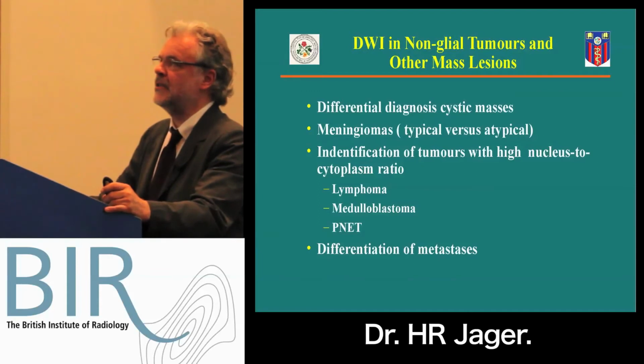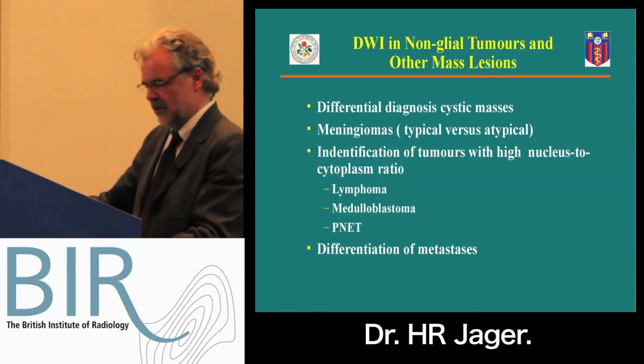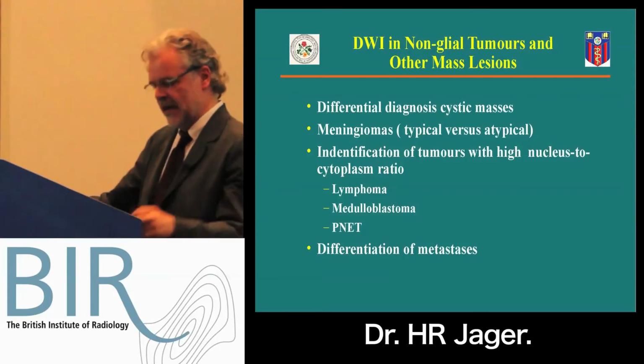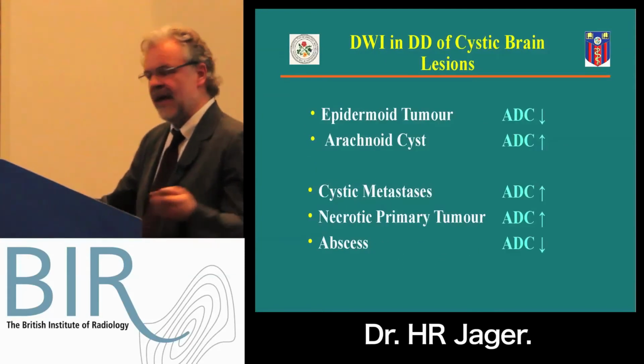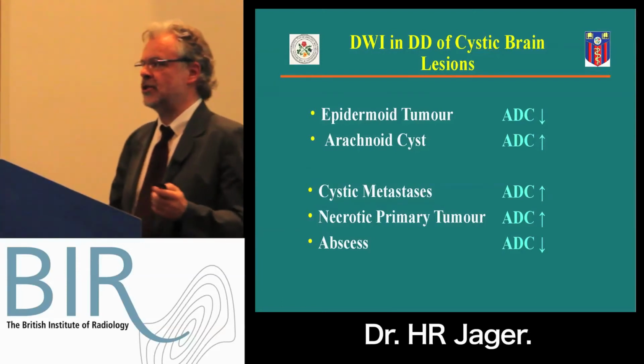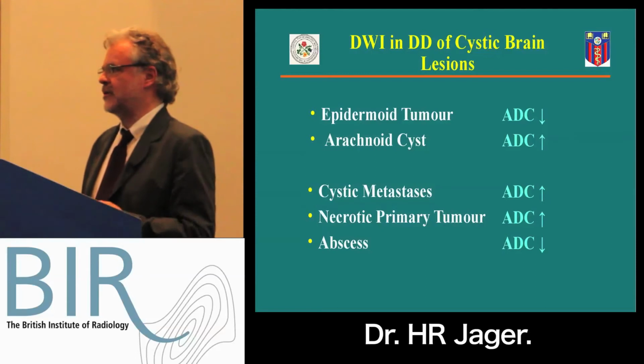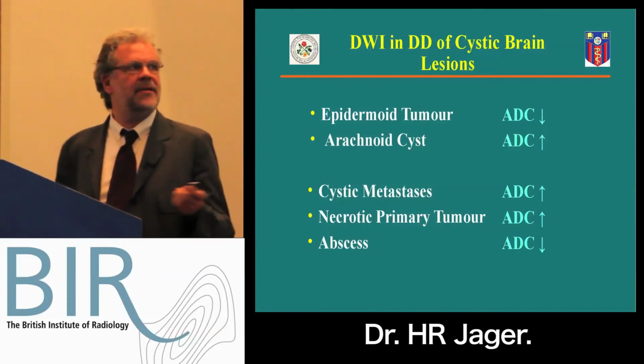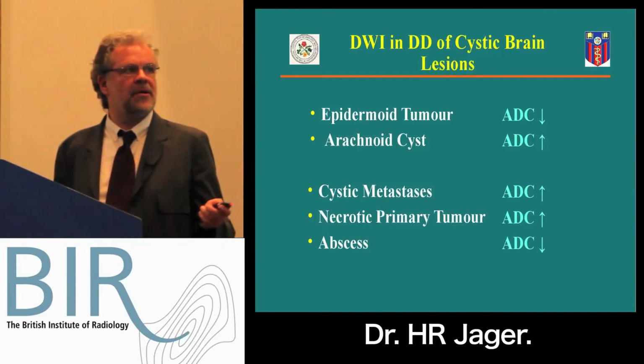And it makes actually a difference, because in our current practice, grade 2 and 3 are followed up with radiotherapy, whereas grade 1 just have routine post-operative imaging to see whether there's a recurrence, because 2 and 3 have a higher rate. And then the identification of tumors with a high nucleocytoplasmic ratio, that's where you can score with your colleagues. You say, I think this is a PNET, I think this is lymphoma, medulloblastoma, and so forth.